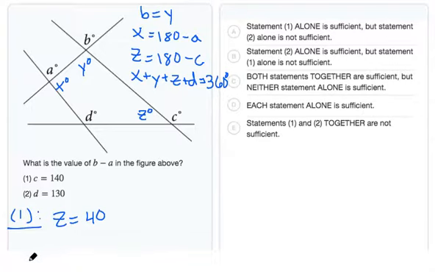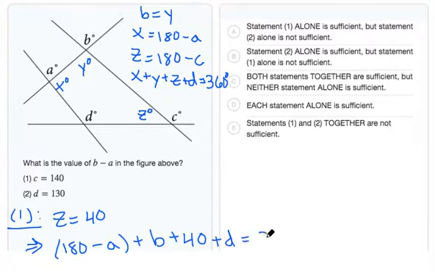So plugging this into our big equation for the interior angles, we have 180 degrees minus a plus b plus 40 plus d equals 360. Now what we did here is we replaced our z with 40, and we replaced our x with 180 minus a.